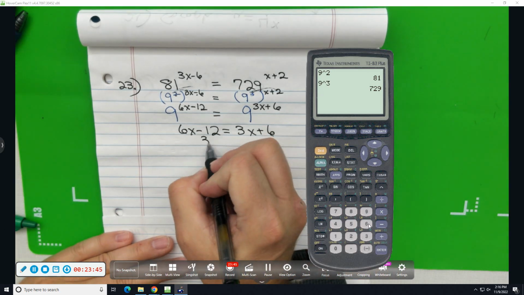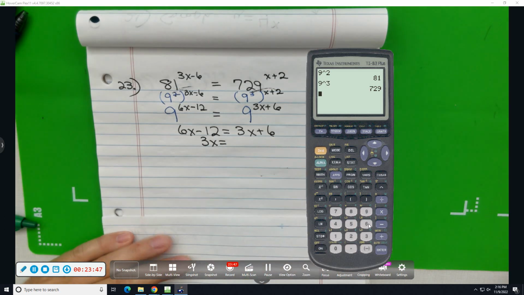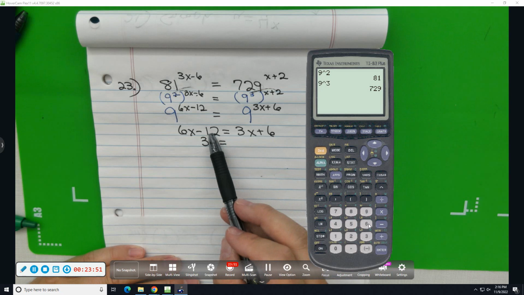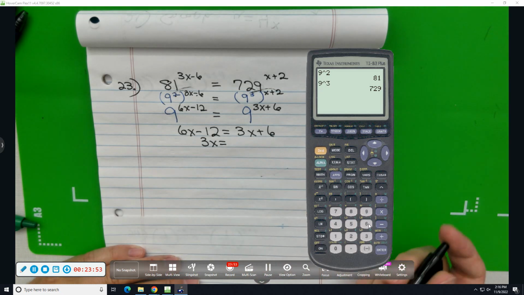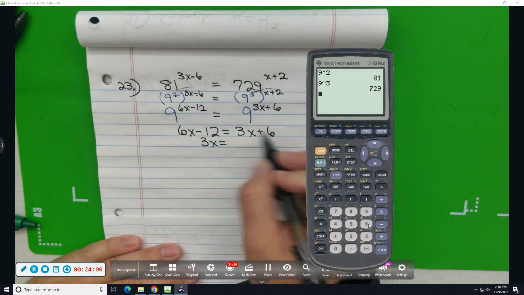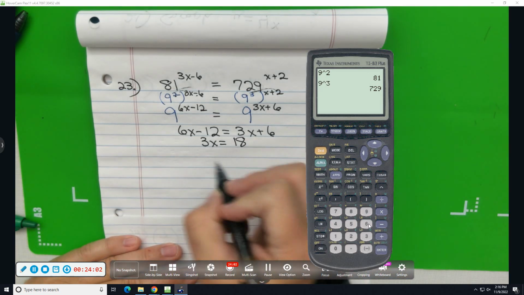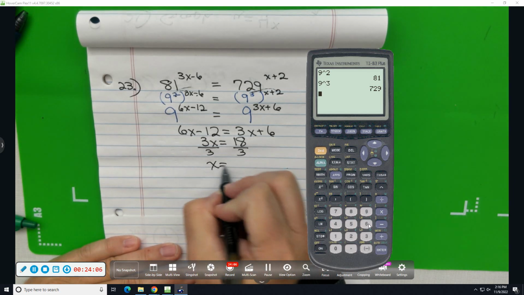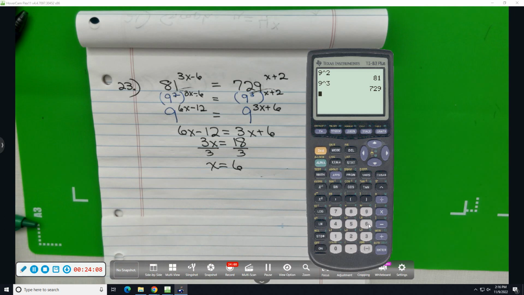That would give me 3x on the left side. And what will I have on the right? Move the constant term over there, and that's going to give me 18. 6 plus 12 is 18. Divide by 3 to give me x equals 6 for my final answer.